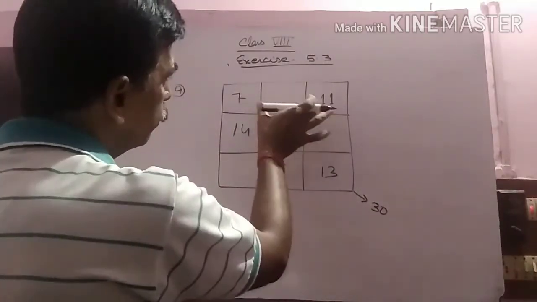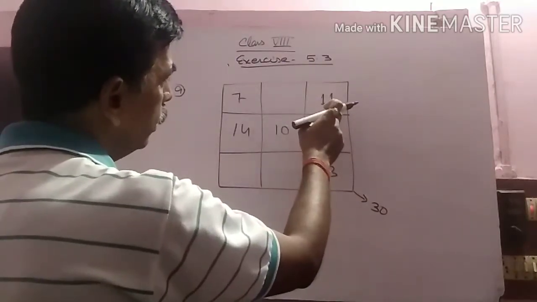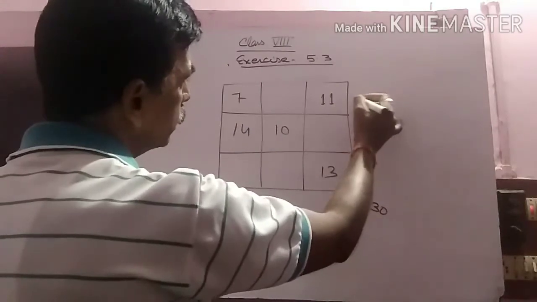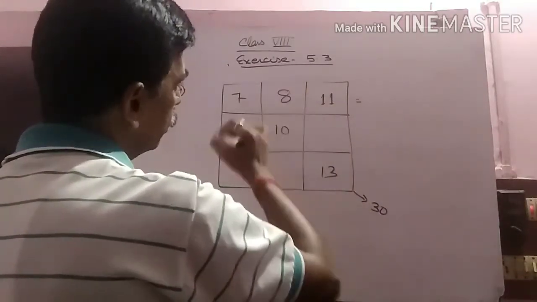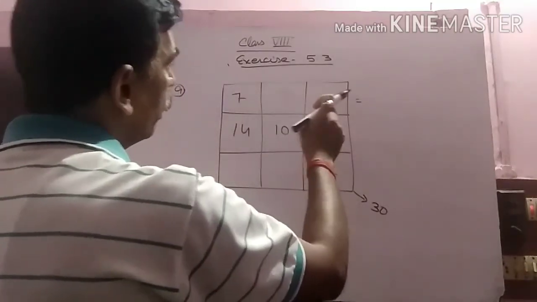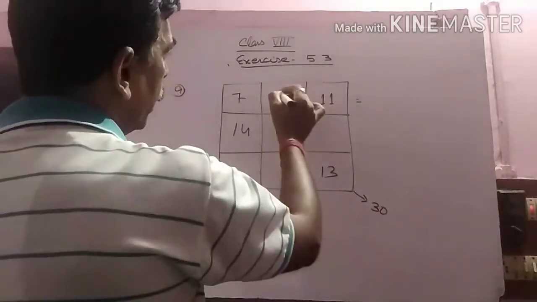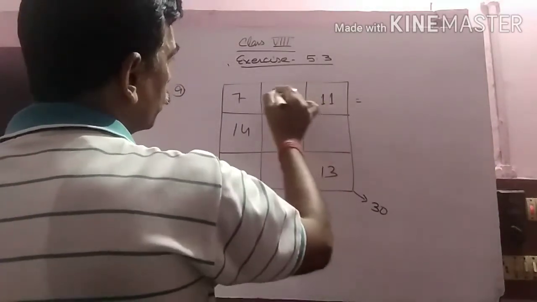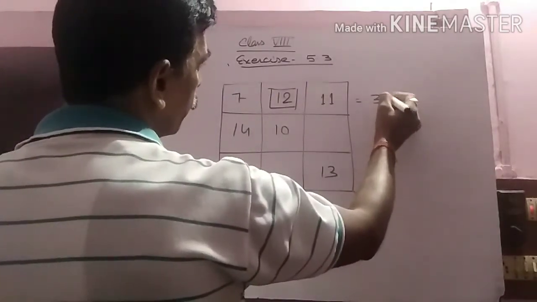So there are 2 squares given. 7 plus 11 is equal to 18, plus it becomes 30. 11 plus 7 is equal to 18 plus 12. So in this box will be 12. So it becomes 30.